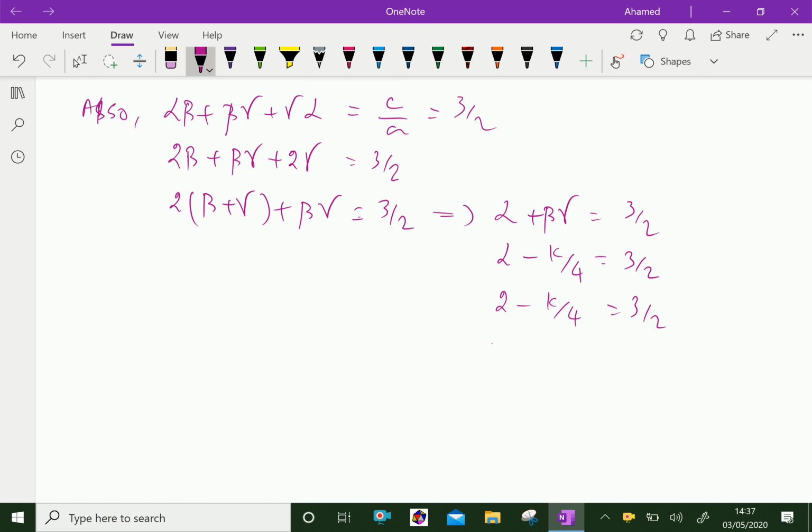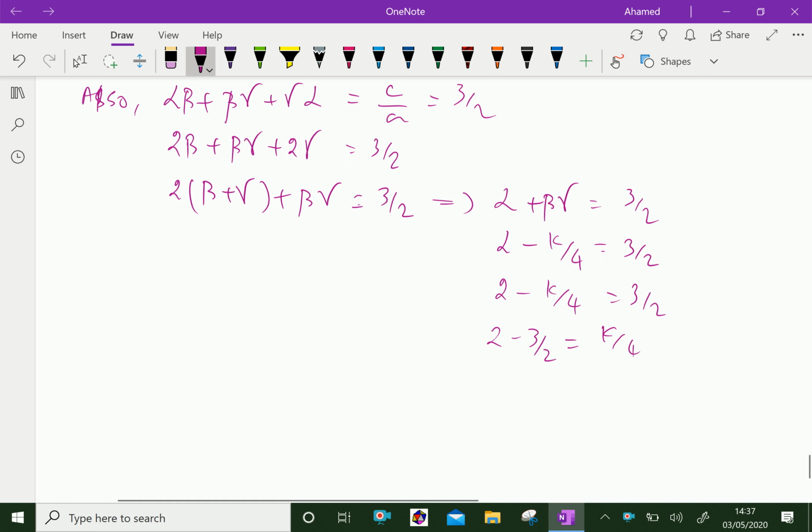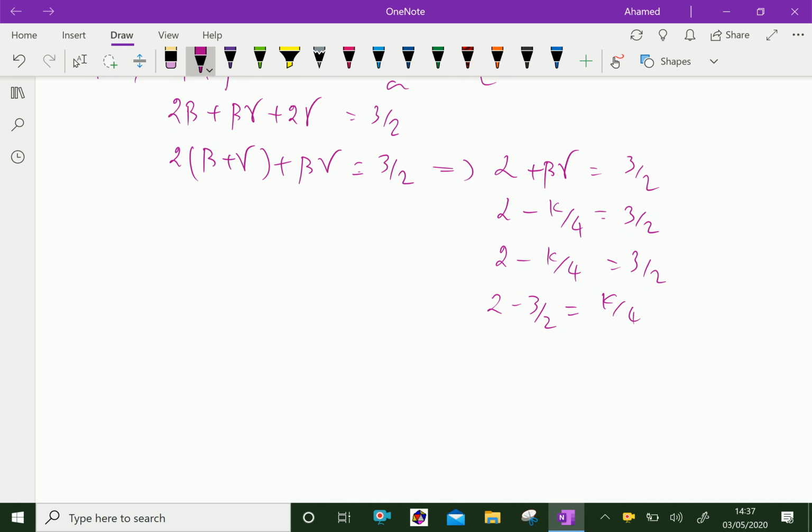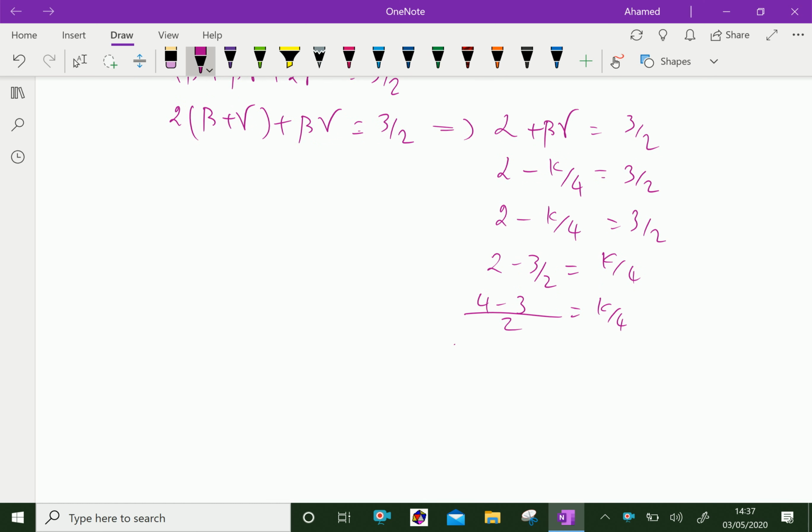Then 2 minus 3 by 2 equal k by 4, which gives 4 minus 3 equal k by 2 and k is 2. We got k as 2.